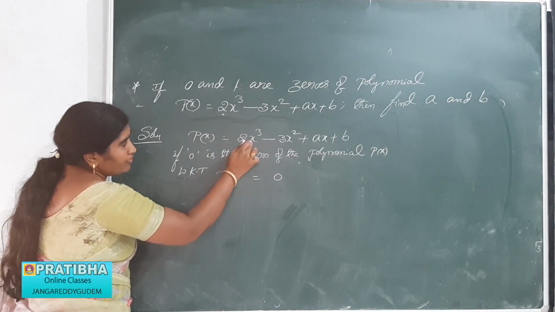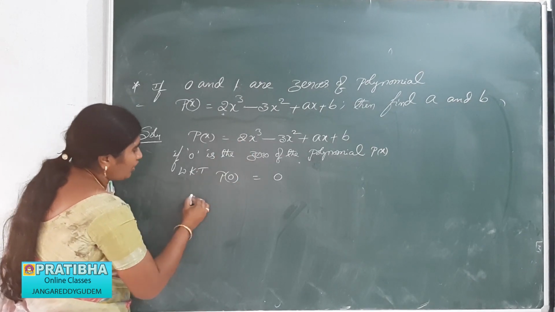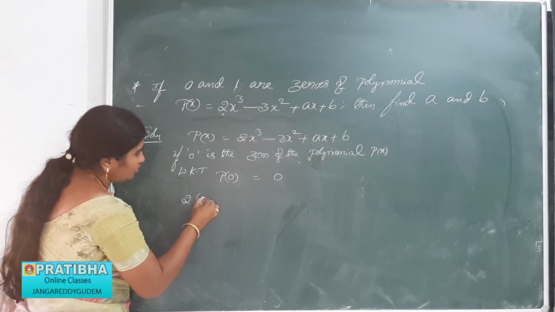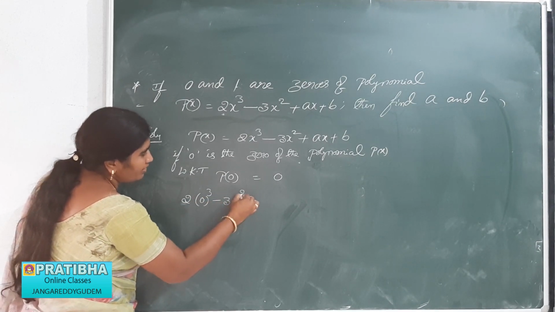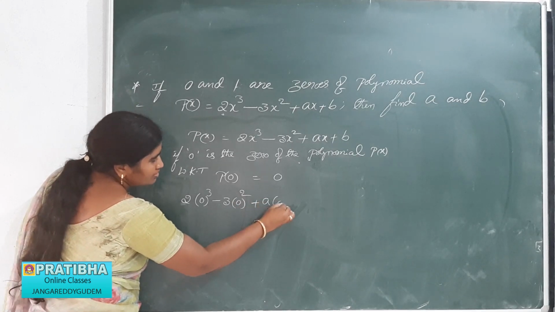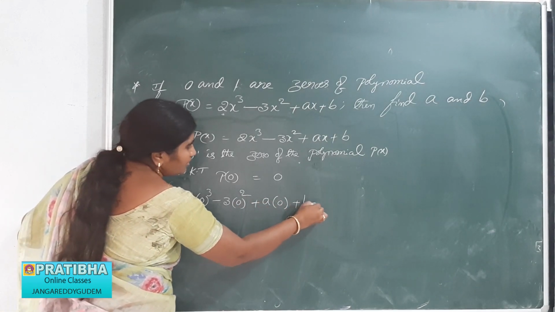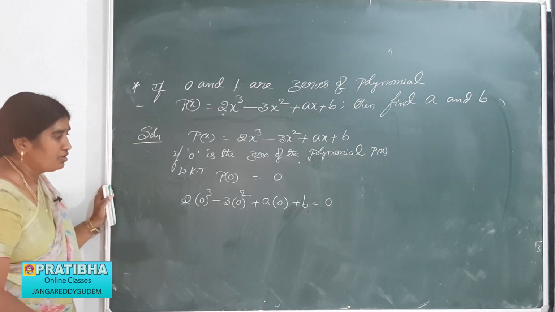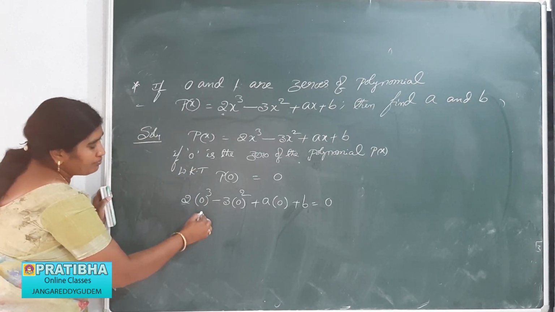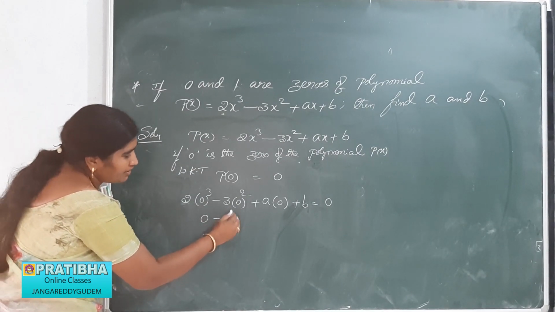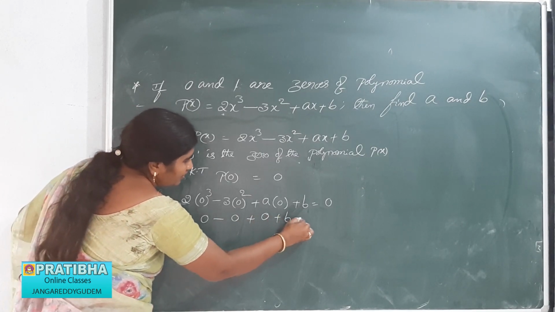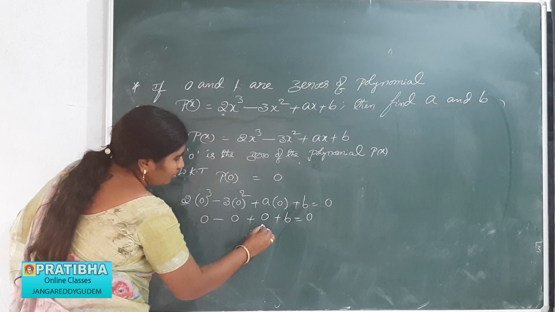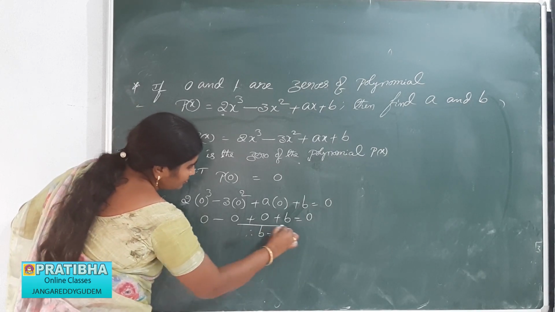Substitute x equal to 0 in this polynomial. 2 into 0 cube minus 3 into 0 square plus a into 0 plus b equal to 0. 2 into 0 is 0, minus 3 into 0 is 0, plus a into 0 is 0, plus b equal to 0. Therefore, b equal to 0.